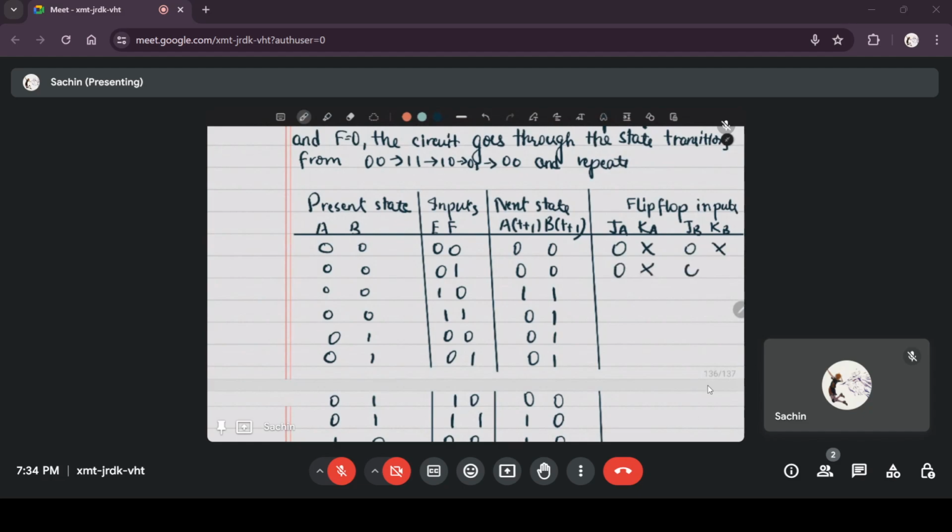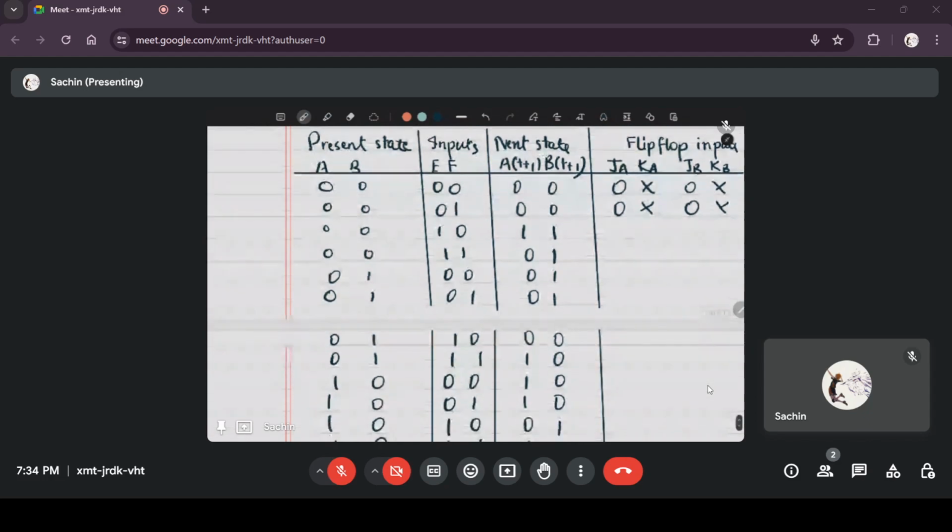So it will be 0x whenever there's no change happening.